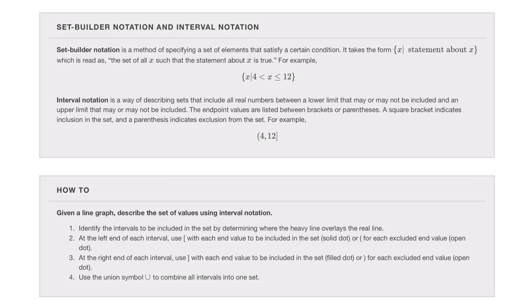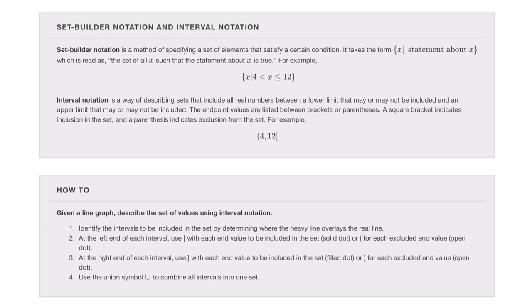Interval notation is the way of describing the sets that include all real numbers between a lower limit that may or may not be included and an upper limit that may or may not be included. The endpoint values are listed between brackets or parentheses. A square bracket indicates inclusion in the set, and parentheses indicate exclusion from the set. So in this example, we don't include 4 and we do include 12. And we want all the numbers between those.